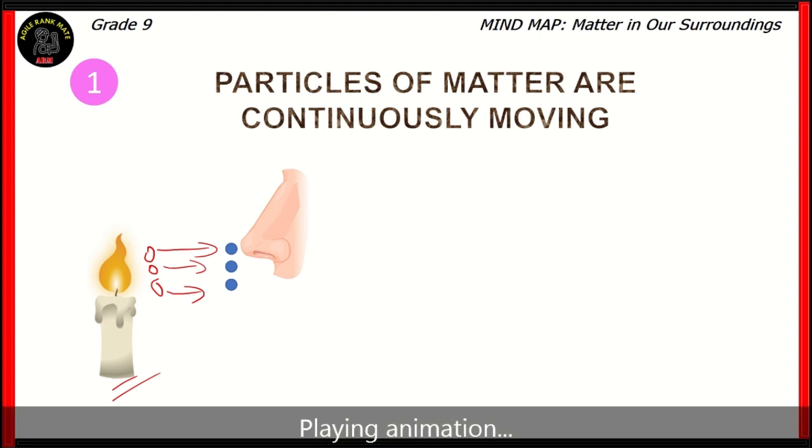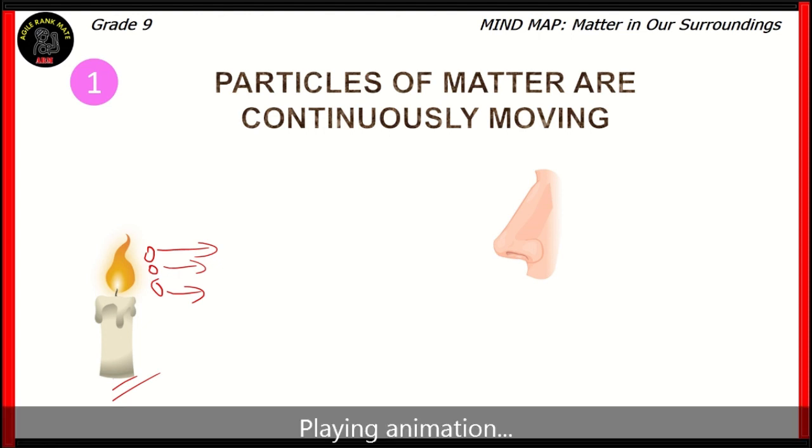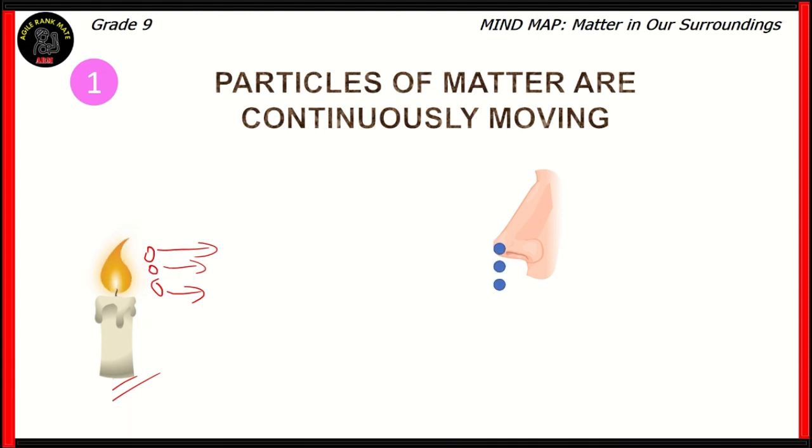But if we keep our nose a bit far apart, even still we'll have a faint smell of the candle or the fragrance. Here we can see that the particles of gas reach our nose even if we are near or far away from the fragrance.